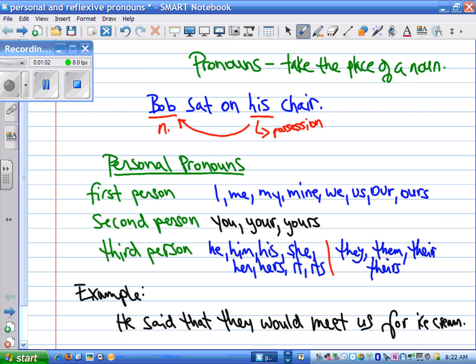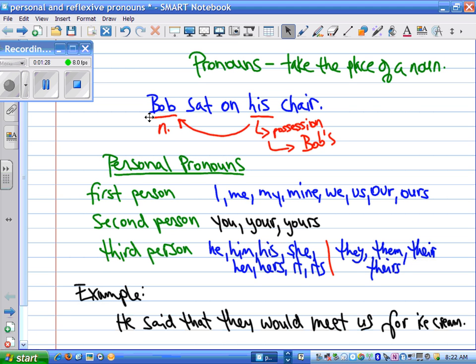Because we could have had, grammatically, I suppose, Bob sat on Bob's chair. That's what the pronoun is replacing. But in reality, we would never say that or write a sentence like that. Instead, we're going to use that possessive pronoun: Bob sat on his chair.